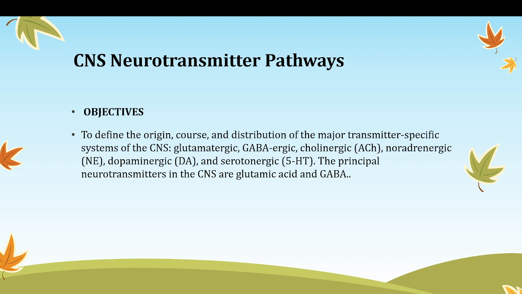To define the origin, the course and distribution and major transmitter specific systems of the CNS: glutaminergic, GABAergic, cholinergic, noradrenergic, dopaminergic, serotonergic. The principal neurotransmitters in the CNS are glutamic acid and GABA.